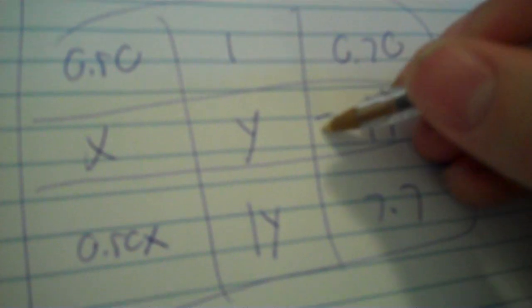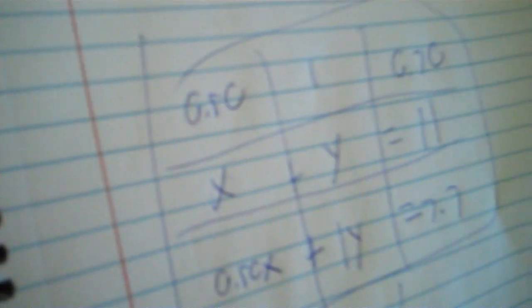Okay, and you got x and y there, so you know there's two different letters, so you need two equations. That's how that works. Okay, so you got x plus, see, in that previous problem, I didn't need y, okay? I got by with just using x in the whole table, so I just needed one equation. When I have an x and a y, you know you need to stack two up, okay?